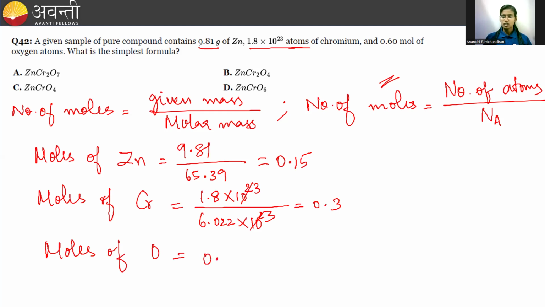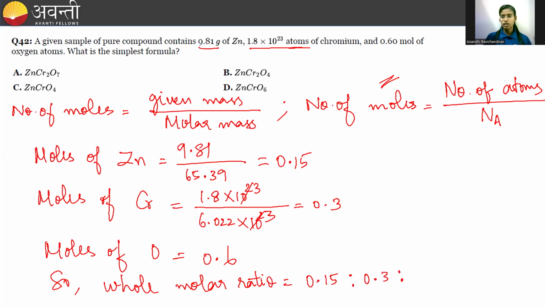So the whole molar ratio for all the 3 elements is 0.15 is to 0.3 is to 0.6, which is equal to a 1 is to 2 is to 4 ratio.